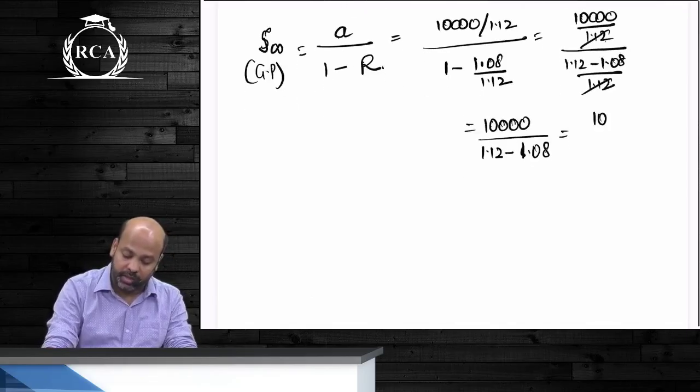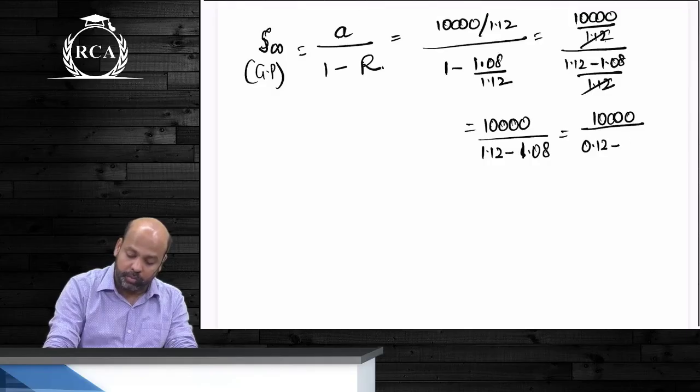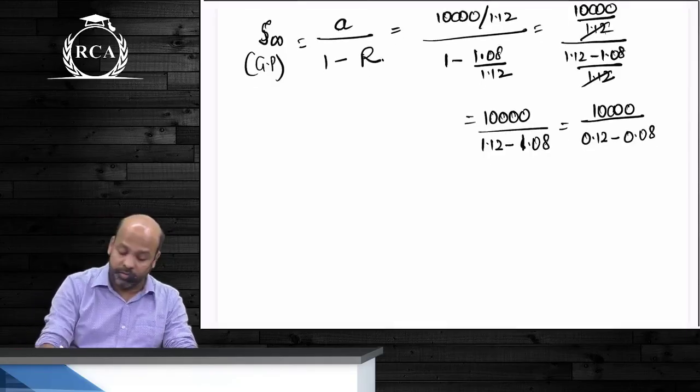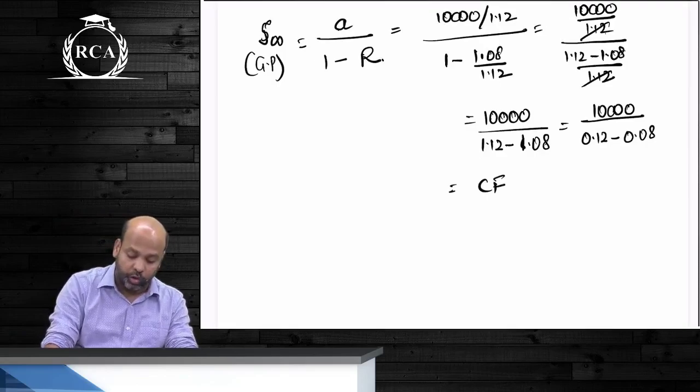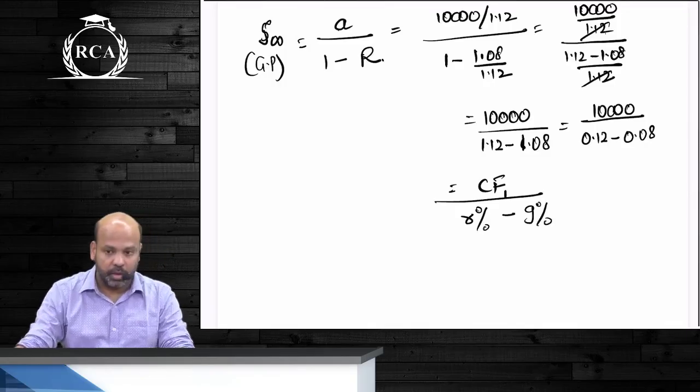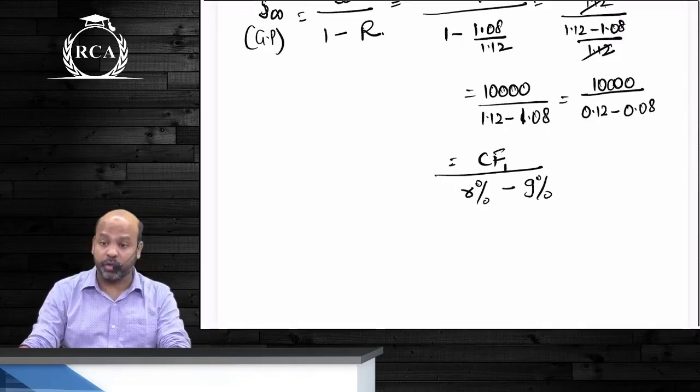I'll write that as 10,000 divided by 0.12 minus 0.08. Which means the formula is cash flow of first year divided by R% minus G%. This becomes the present value of a constant growth perpetuity.